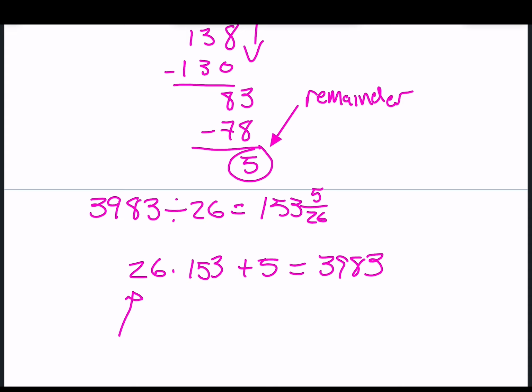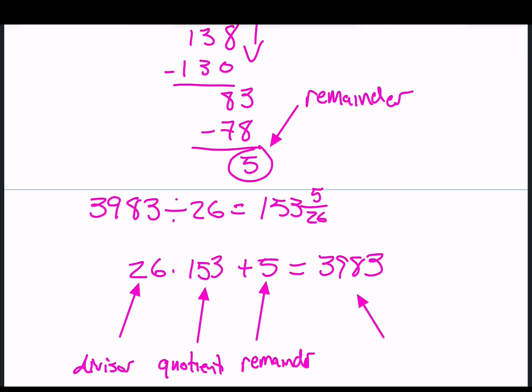In this case, 26 is called our divisor. 153 is called our quotient. 5 is, as we said before, our remainder. And 3983 is our dividend.